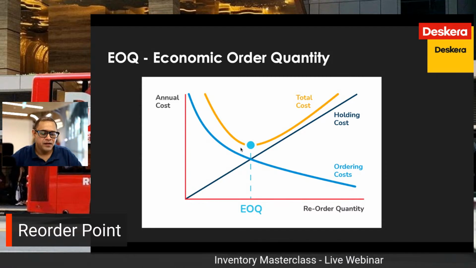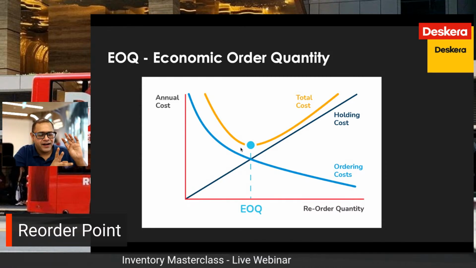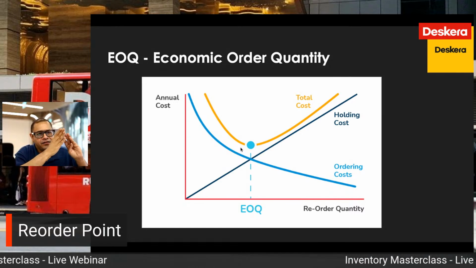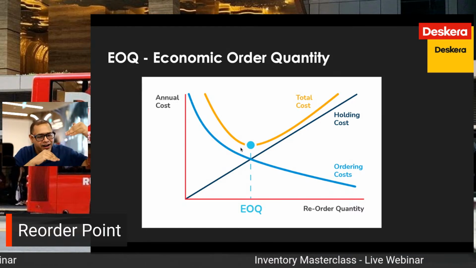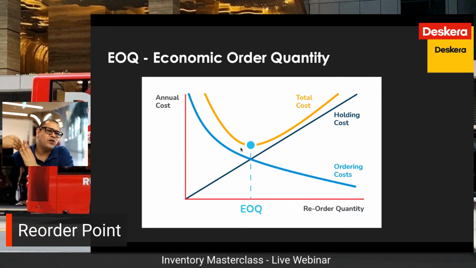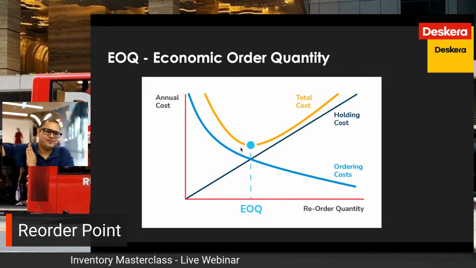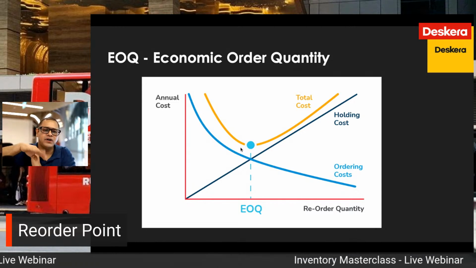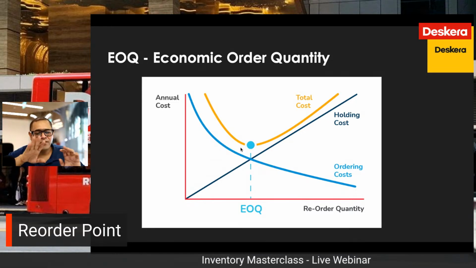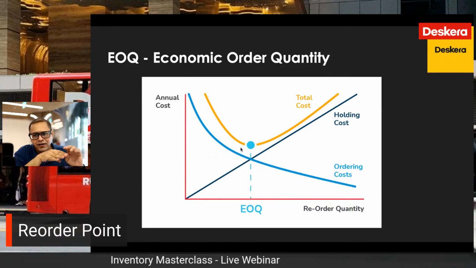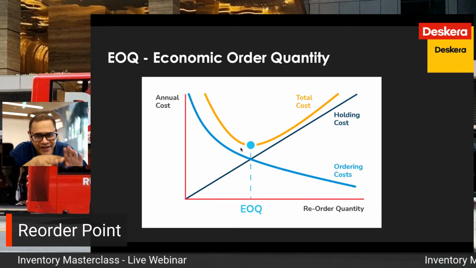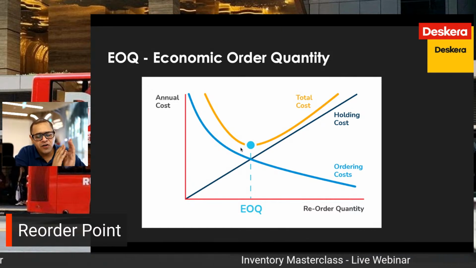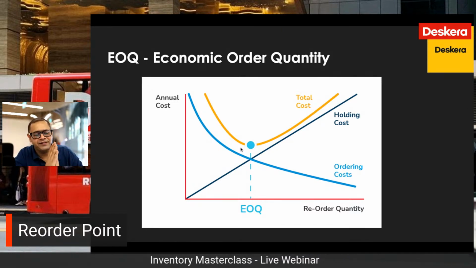Right? So now that we understand this, you see that the total cost goes down first, because your ordering cost is going down, but then the holding cost will increase, and it will cause a curve which will have a minimum point somewhere, and that minimum point is what you want to determine, where your cost is lowest.